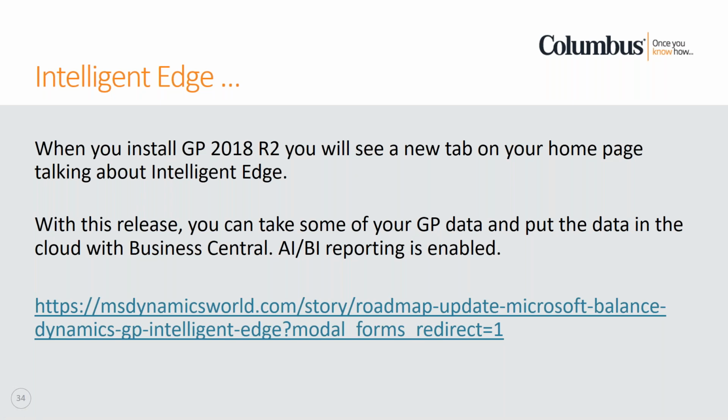As an option, and only if you want to, there is a small cost to this. You would have to have a user in this Business Central cloud. A user is $70 a month, and that's a named user, so you'd have to have at least one. So at least $70 a month. Not everybody is going to want to do that, even though it's not a hugely expensive cost.